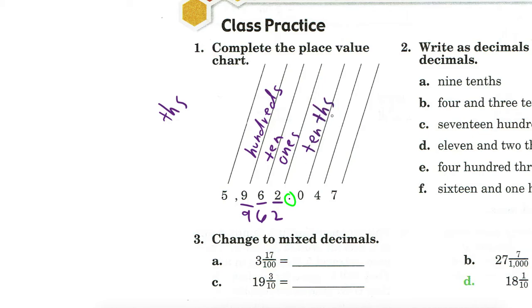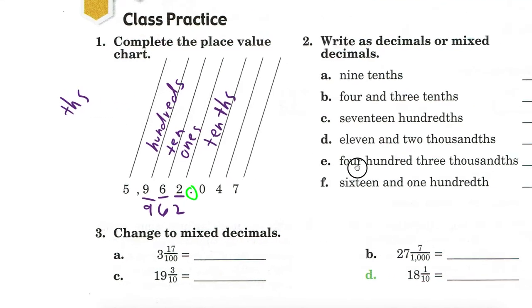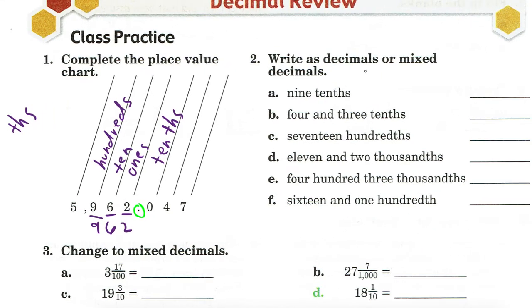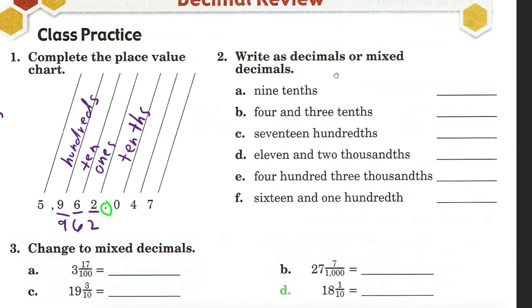Remember, when you go into fractions, to the right of the decimal point, you don't start with ones, you start with tenths. So 0 tenths, and then next would be hundredths. And then what's after that? What's after hundredths?